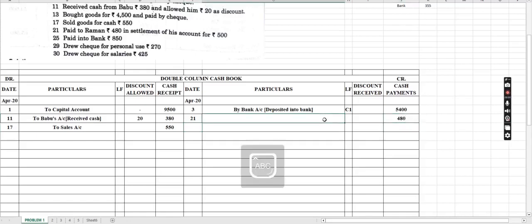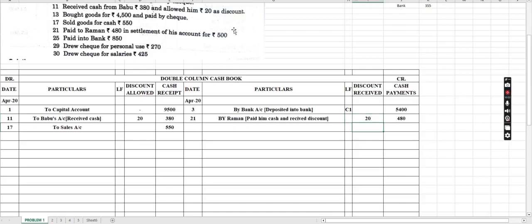How have we paid to Raman, right? By Raman. In bracket we can say paid him cash and received discount, right? How much? We have received the discount of rupees 20.